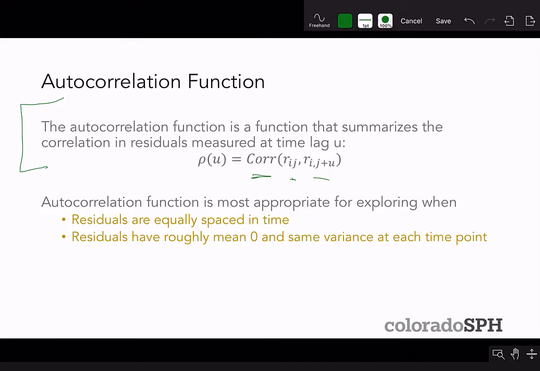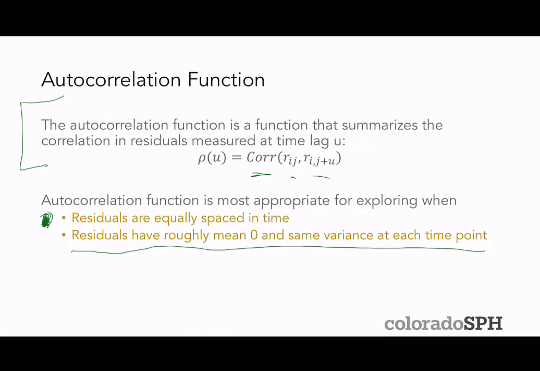And generally speaking, with longitudinal data, you think larger lag tends to mean less correlation. And this function is most appropriate for data where the residuals, meaning the outcome values, are spaced equally in time. And also the residuals have roughly mean 0 and the same variance at each time point.